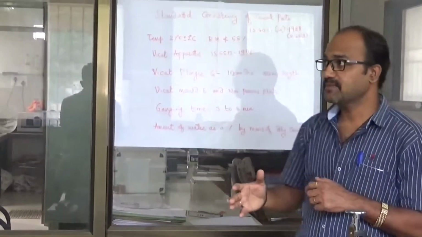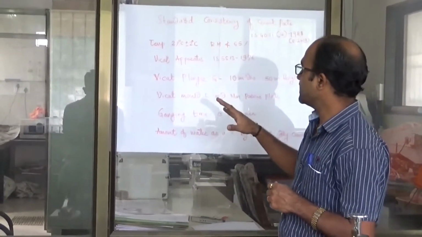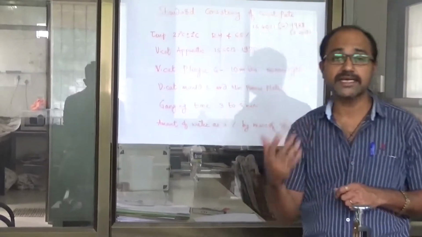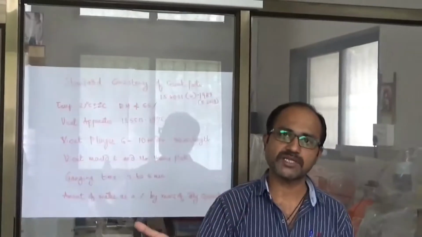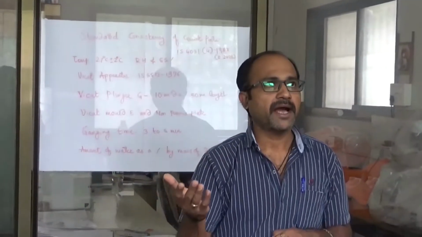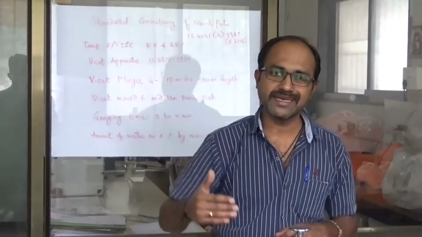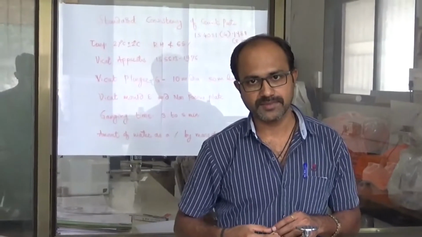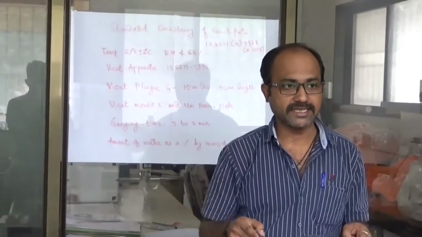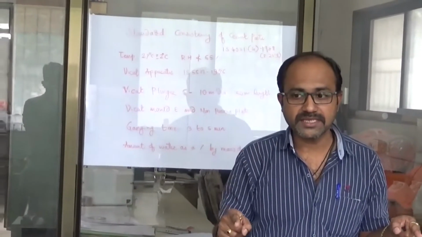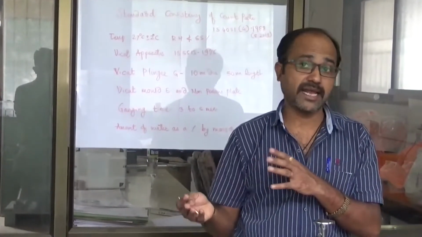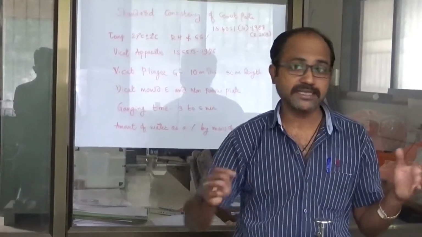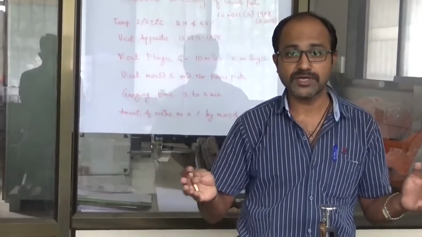At the same time, certain standard conditions need to be maintained, like temperature. The temperature should be 27 degrees centigrade plus minus 2 degrees centigrade, and humidity should not be less than 65%. These are the test conditions. If I am performing this test at different climatic conditions, then the results are not going to match.